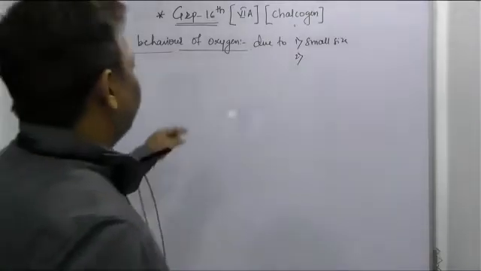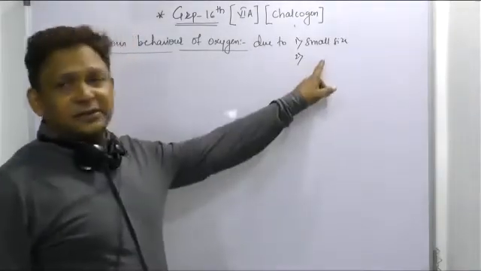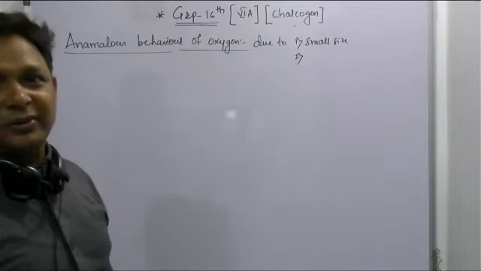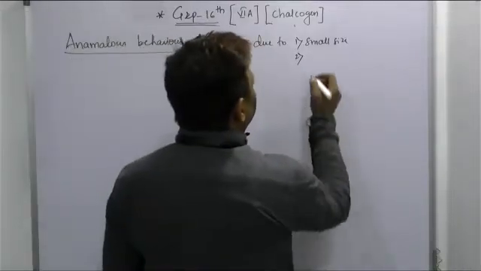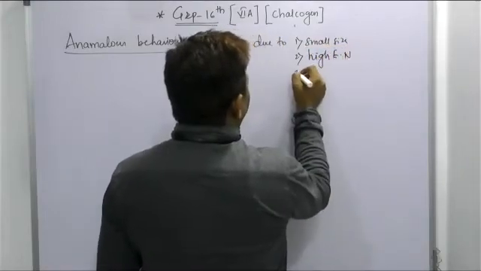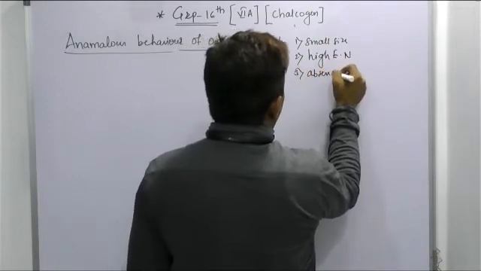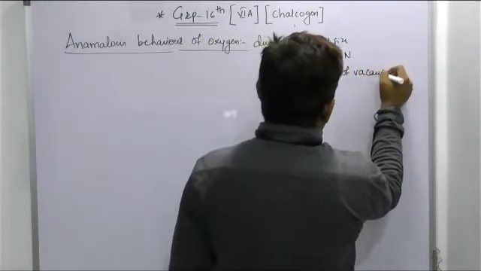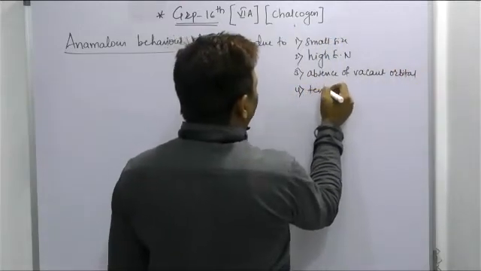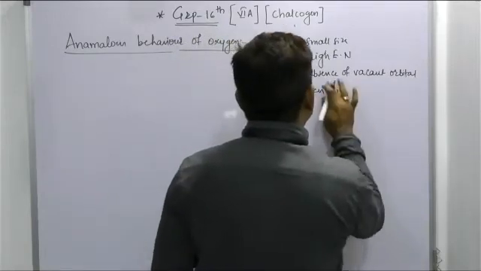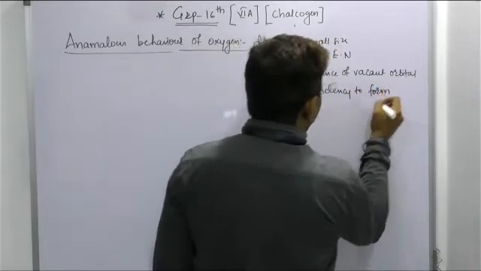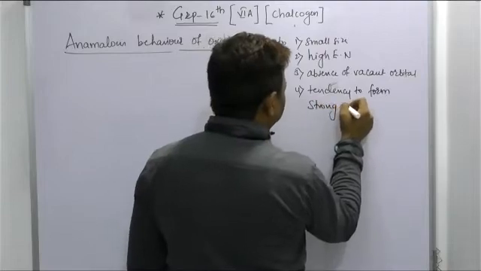So what is the reason, beta, why oxygen behaves anomalously compared with the others? The reason is due to smaller size, high electronegativity, absence of vacant d orbital, and one more point we have to add, the tendency to form strong hydrogen bonds.